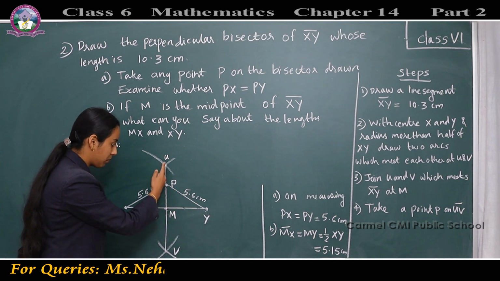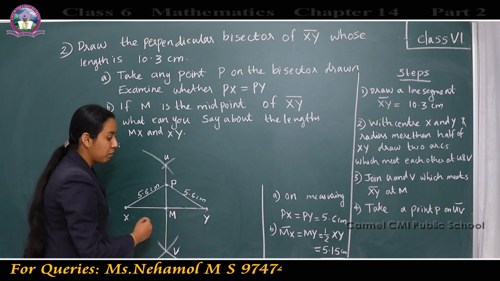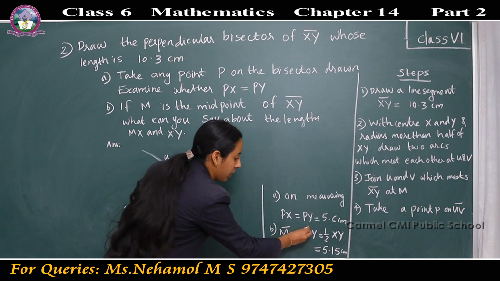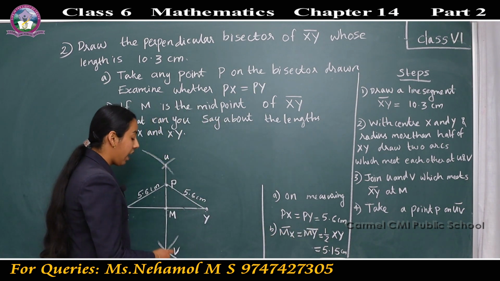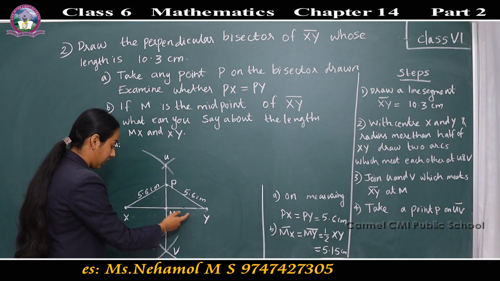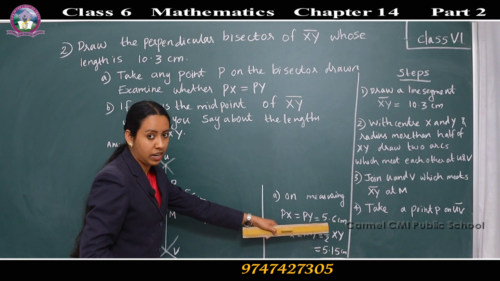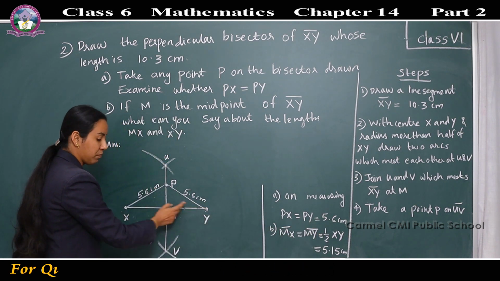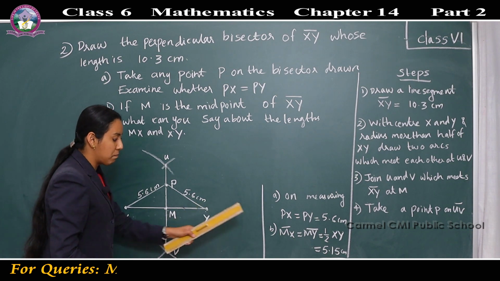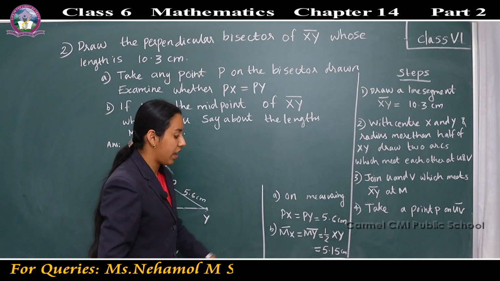The perpendicular bisector divides the line XY into two equal halves. So, MX is equal to MY. These two segments are half of XY, right? So, MX is equal to MY is equal to half of XY.